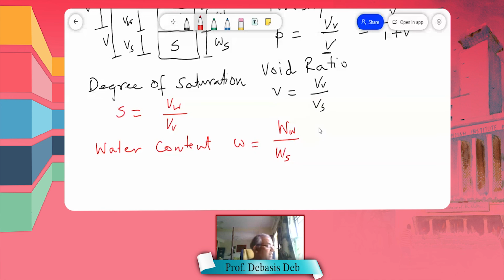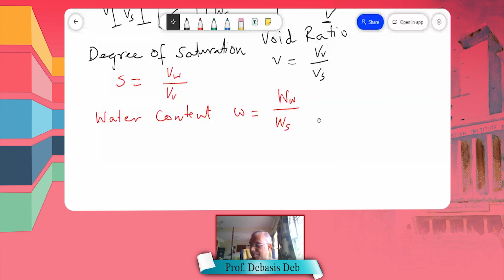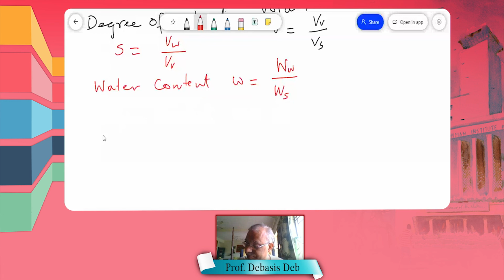Okay, then we will define what is called bulk density. You may write, all of you know the unit of density. What is the unit of density?